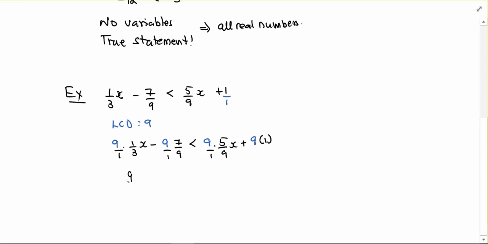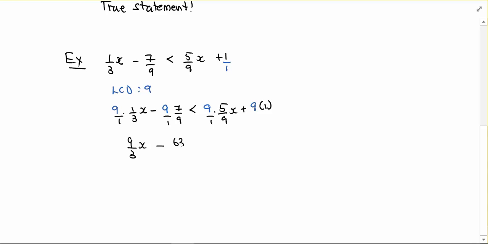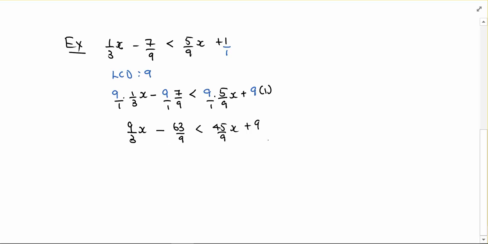So this is 9/3 x minus 63 over 9. This is 45 over 9 plus 9. And these, if we did this right, all the fractions should cancel. So this is 3x minus 7 less than 5x plus 9.